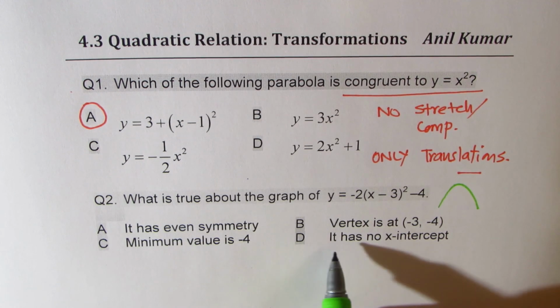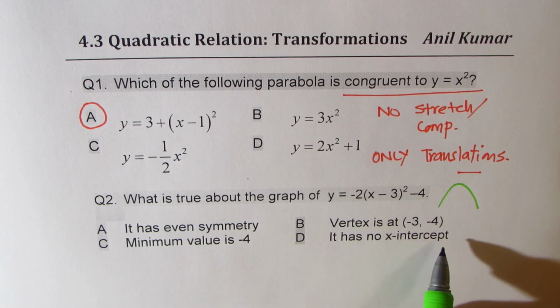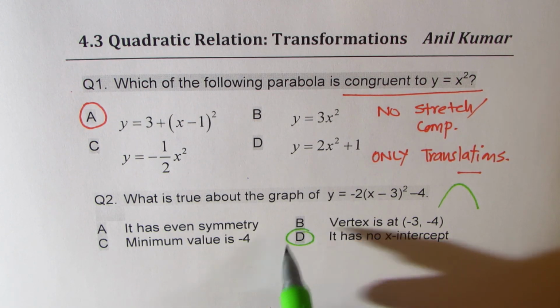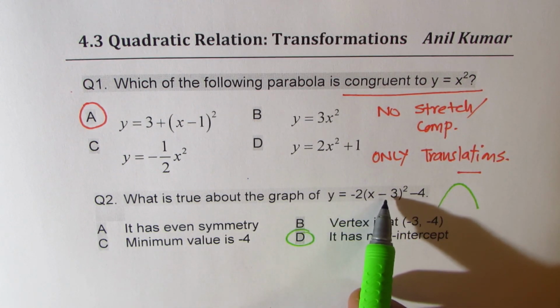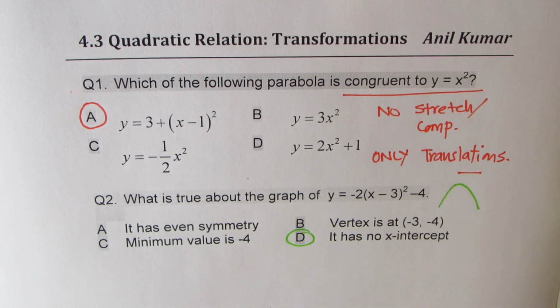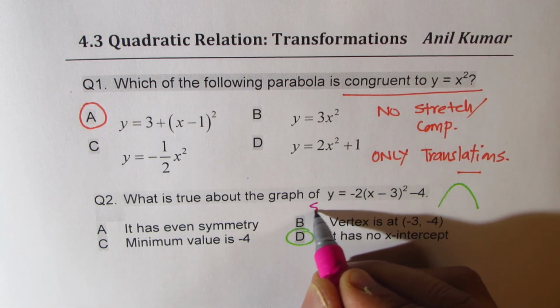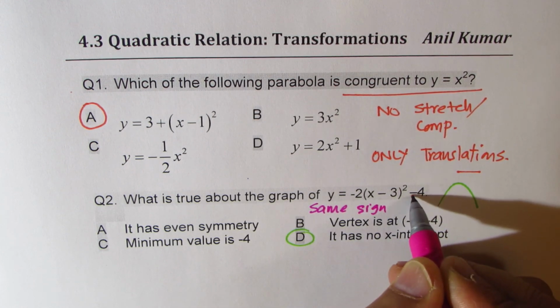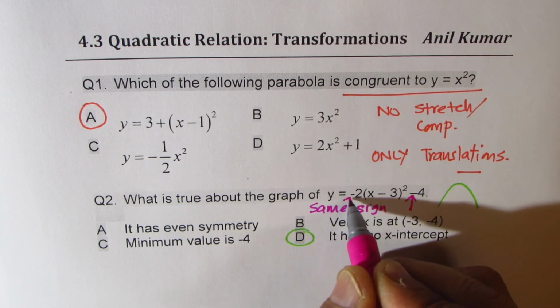Got it? It has no x-intercepts. Well, that is just the right answer because the vertex is at y value of minus 4 and it opens down. Do you see that? So what you notice here is the same sign for these two.